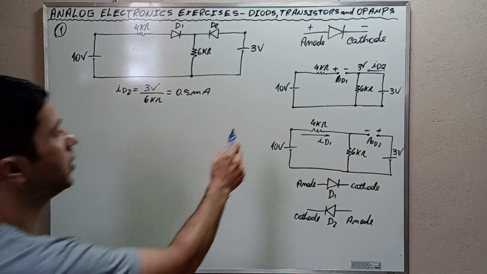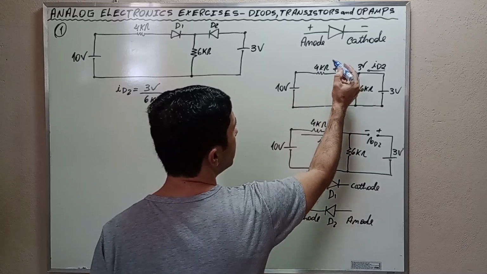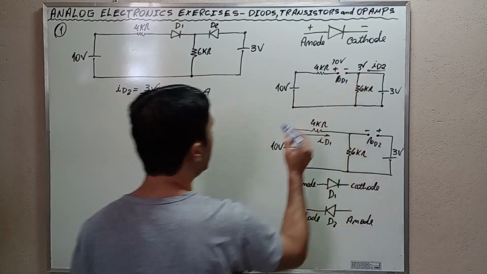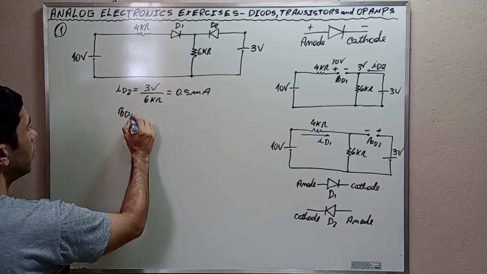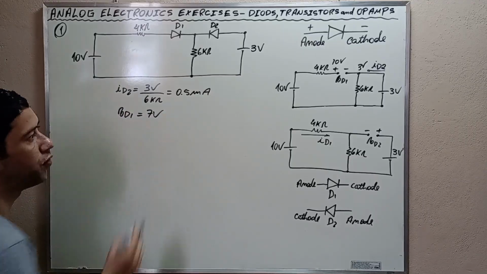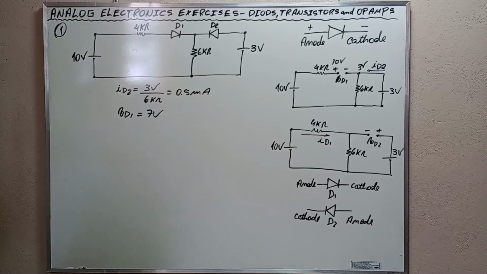And the voltage here is going to be 10 volts. And the potential difference, VD1, is equal to 7 volts, okay? We see that VD1 is 7 volts because its cathode is at 3 volts and its anode is at 10 volts.